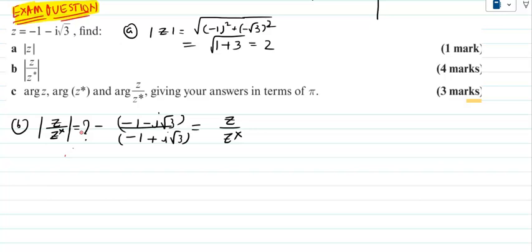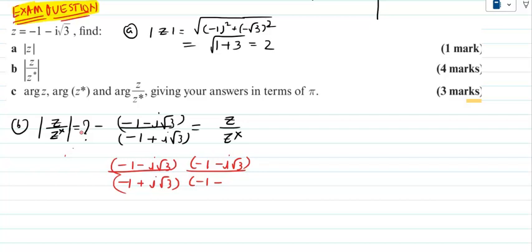So it should be minus 1 minus i root 3 over minus 1 plus i root 3, multiplied by minus 1 minus i root 3 over minus 1 minus i root 3. Okay, this should be z over conjugate of z, right? So if you multiply the numerator, minus 1 times minus 1 becomes 1.